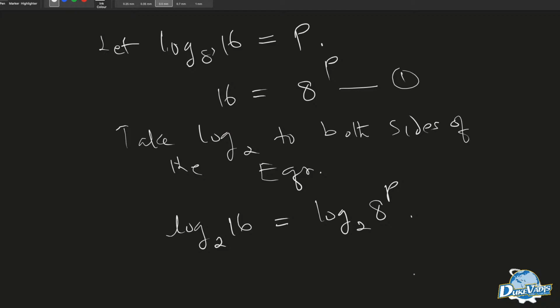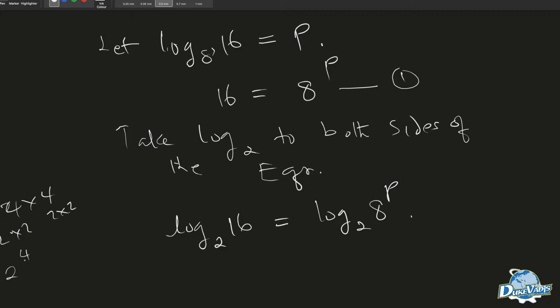I don't believe in memorizing, so we have to break it down from scratch. We know for sure that 4 times 4 gives us 16, so 2 times 2, 2 times 2: 2 raised to the power 4 will give us 16.